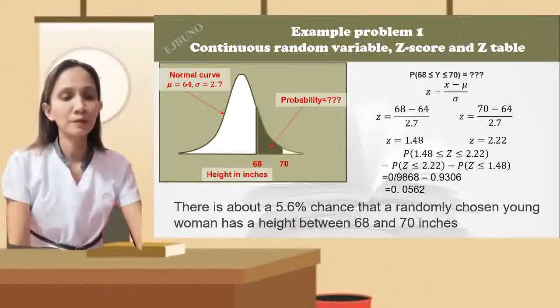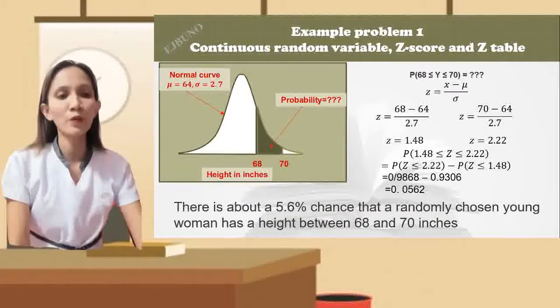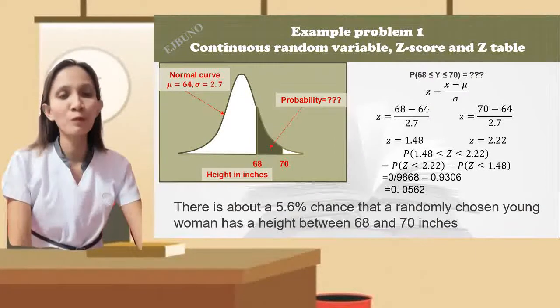Wherein the probability of z is greater than or equal to 1.48 and less than or equal to 2.22. So we use the z-table, wherein the value of 2.22 is equal to 0.9868, minus the value of 1.48 in the z-table, which is 0.9306.